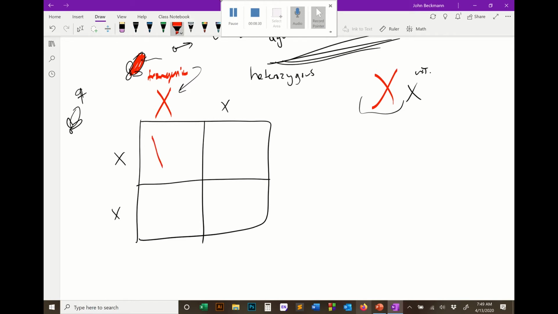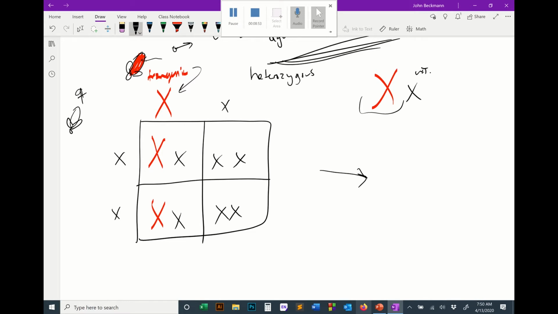We can just map out this Punnett square. This is due to meiosis. The offspring will look like this. And let's now envision the outcome of this mating.